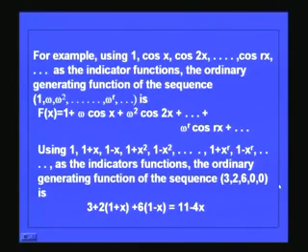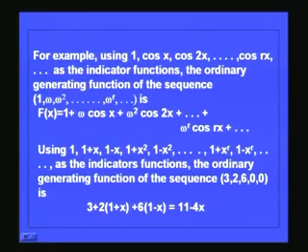That is 3 plus 2 into 1 plus x plus 6 into 1 minus x. If you simplify, this will reduce to 3 plus 2 plus 6, 11. 2x minus 6x will give you minus 4x. So the ordinary generating function becomes 11 minus 4x for this particular sequence using these as indicator functions.